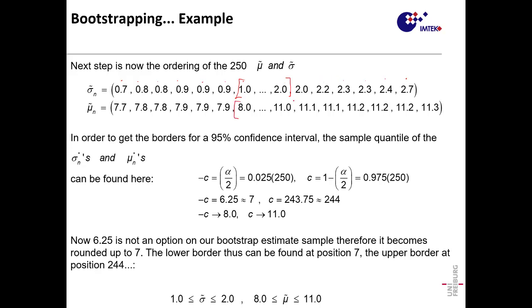And you do the same for the mean. Okay? And then you build your confidence interval. So you don't know the mean exactly, you don't know exactly the average, but you know that the variance would lie between 1 and 2 and the mean between 8 and 11. It's the best that you can do with the data.